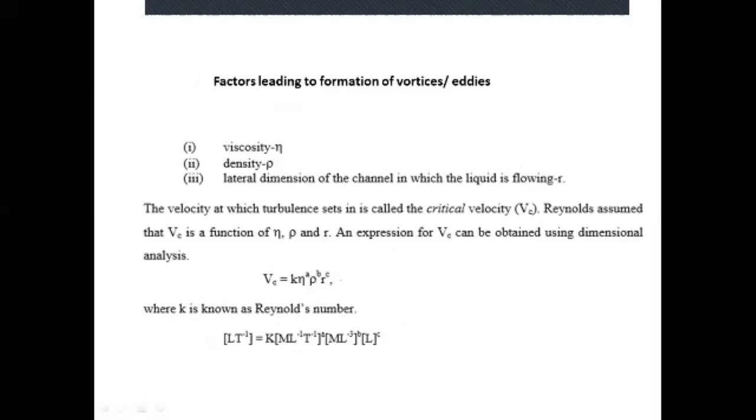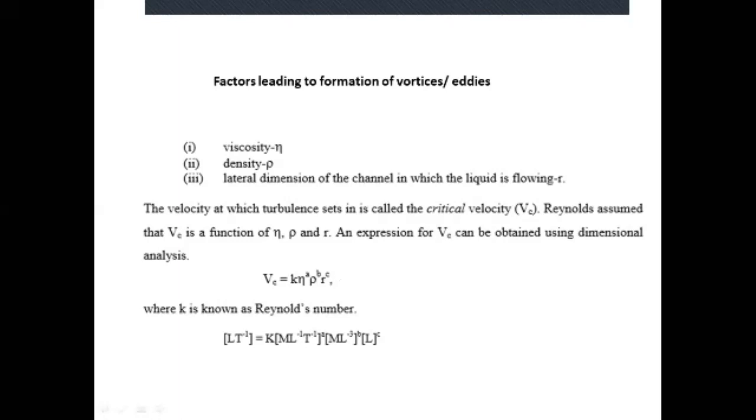So using dimensional analysis, you can show that the critical velocity is given by those three variables, where we put in subscripts as some variables, and the dimensions of velocity are L divided by T. And K is our constant here.